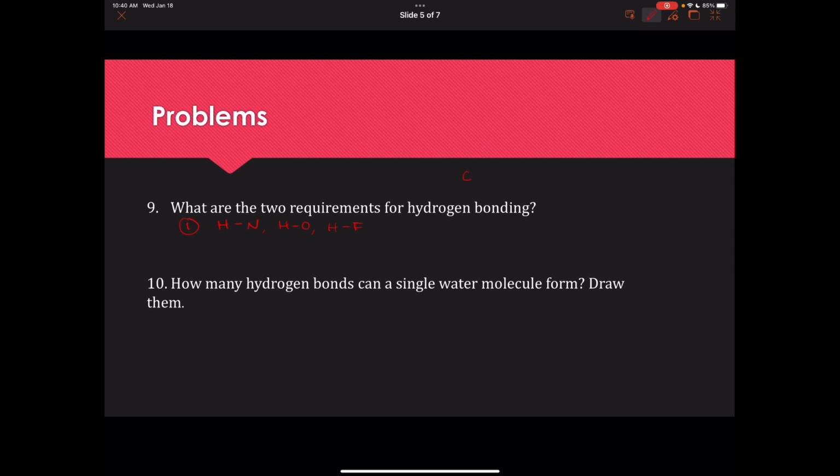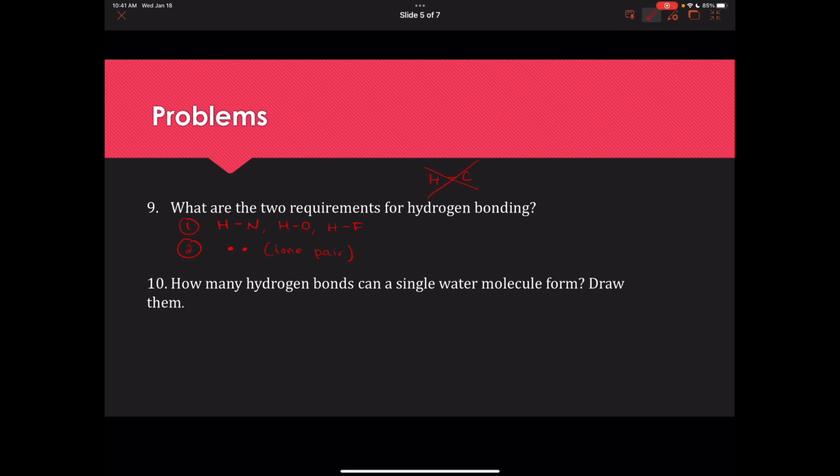So, hydrogen bonded to carbon cannot hydrogen bond. It has to be nitrogen, oxygen, or fluorine. The second criteria is that we have a lone pair of electrons. And that lone pair is going to typically be found on nitrogen, oxygen, or fluorine. But that's the two criteria: nitrogen, oxygen, or fluorine, and a lone pair of electrons.